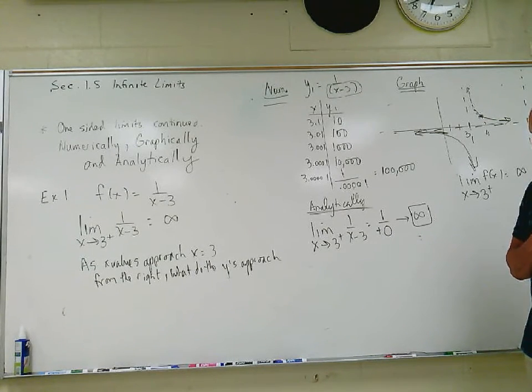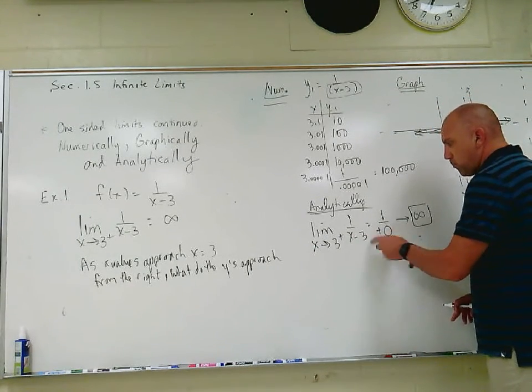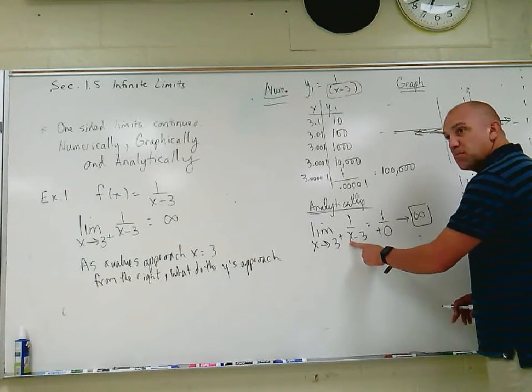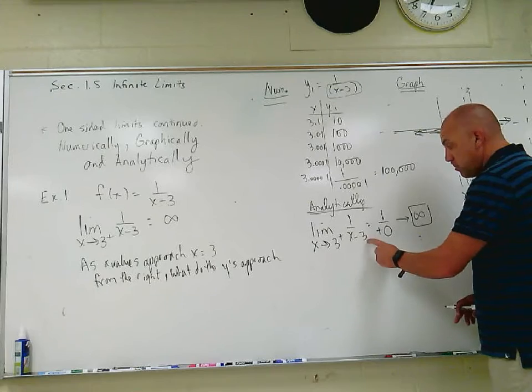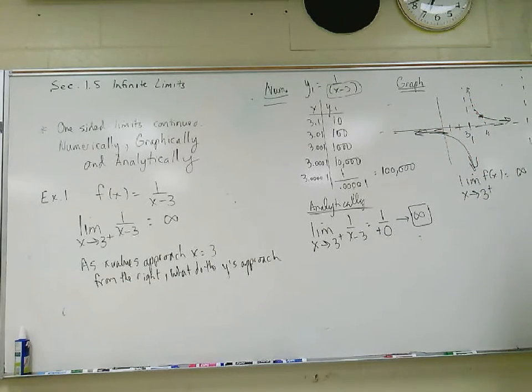We'll do another one in a second. I'll show you, but that's how I would work that out. So I do my substitution, but I don't just put zero, I put what type of zero. How do I know it's a positive zero? Because these numbers are a little bit bigger than 3. So a little bit bigger than 3 minus 3 is going to go to 0, but a positive 0.